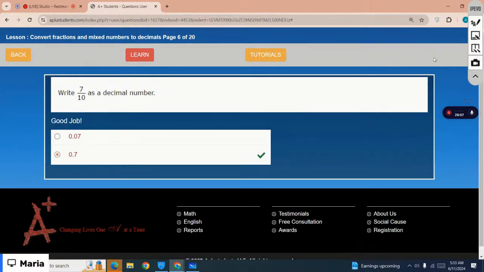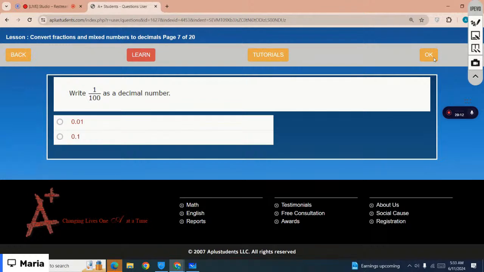Option number 2 is the correct option. The correct option is 0.01. Option number 1 is the correct option.